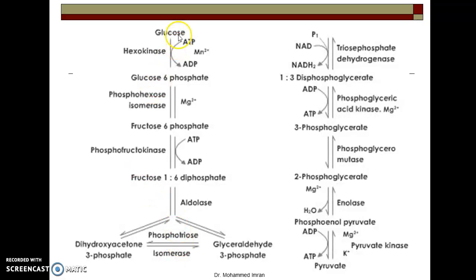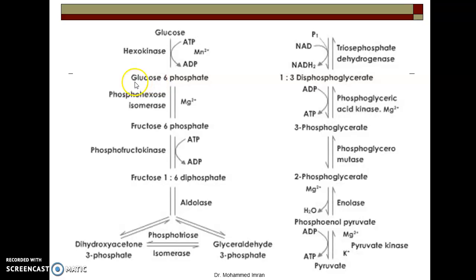Here in the first step, glucose is converted into glucose 6-phosphate with the help of enzyme hexokinase. Here one phosphate group is just attached to the glucose, and we need to supply energy in the form of ATP.